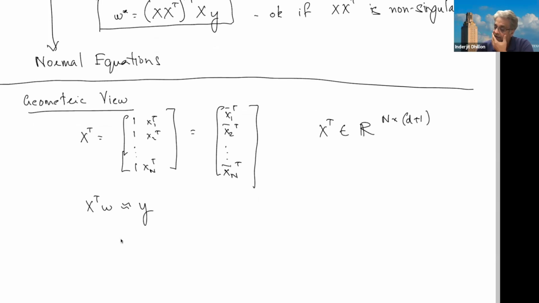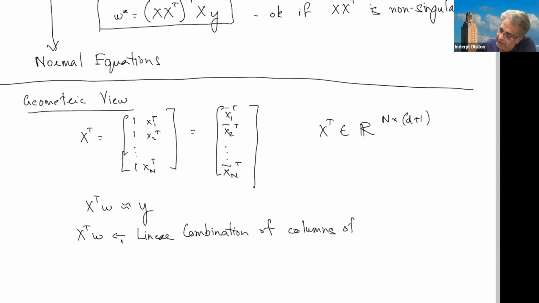What is X transpose W? Well, X transpose W is a linear combination of columns of X transpose.